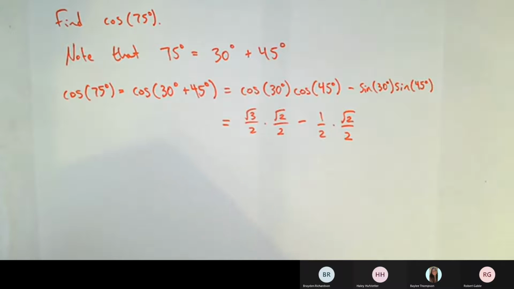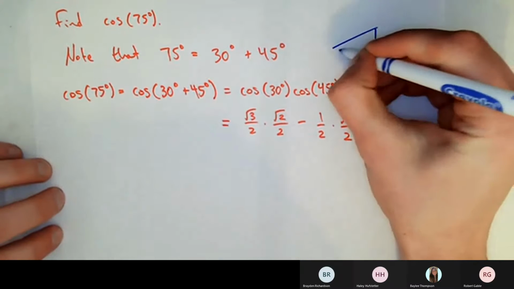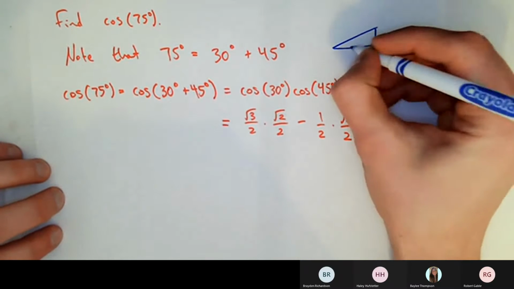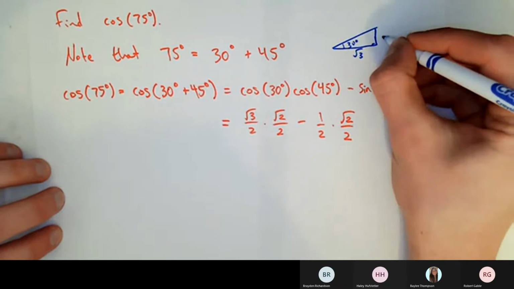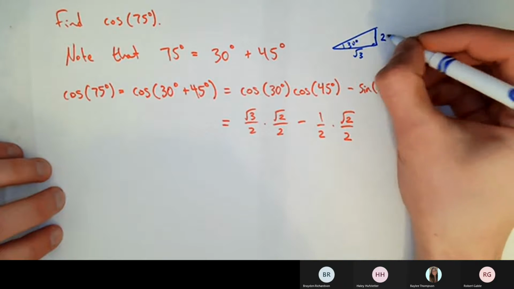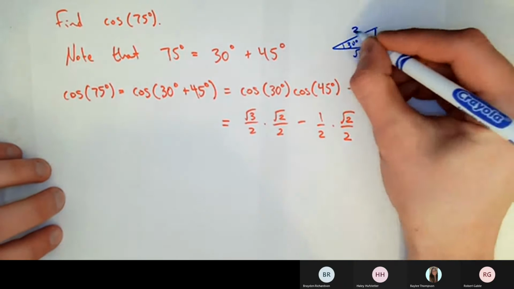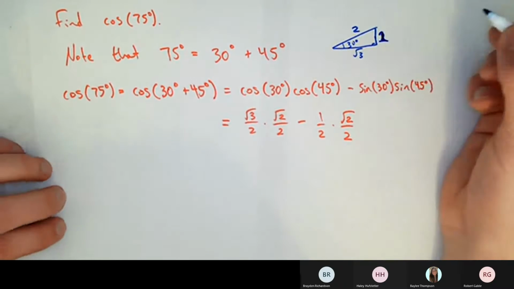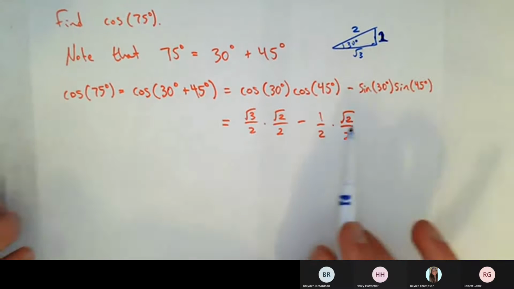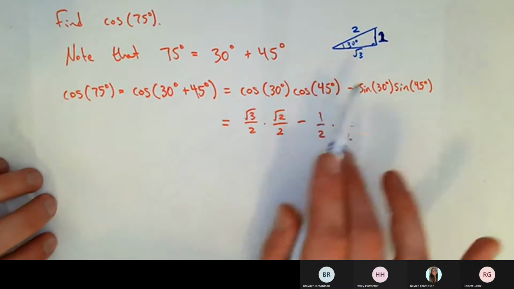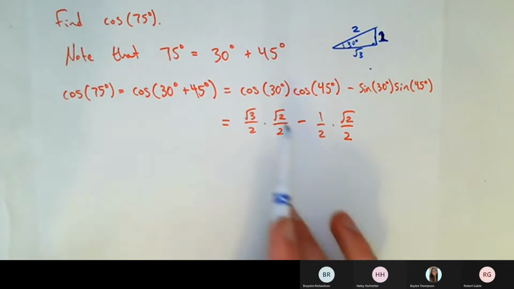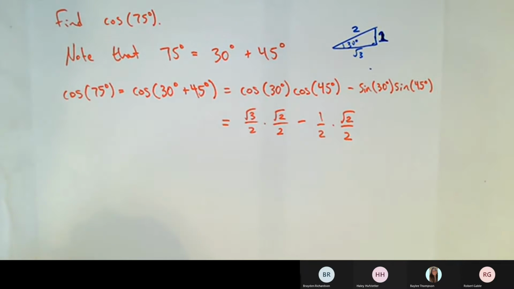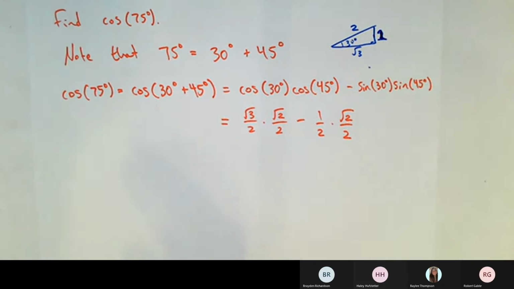I recall some special reference triangles, like for a 30, 60, 90, I know the sides are 1, square root of 3, and 2. So cosine of 30, adjacent over hypotenuse, is square root of 3 over 2, etc. You can do that for each one of these and get an exact solution.